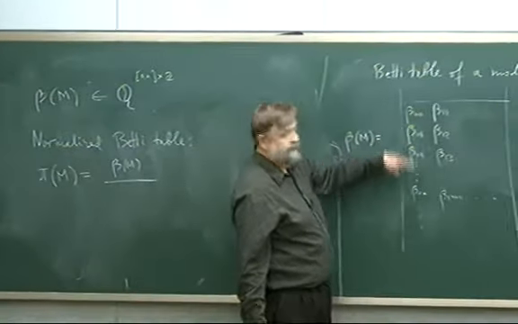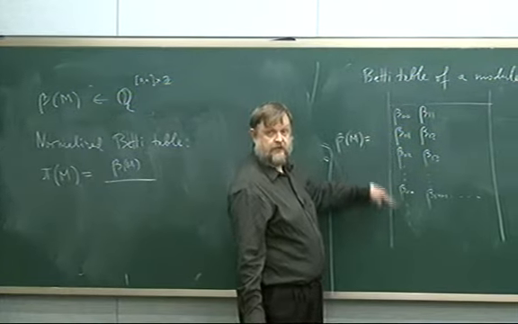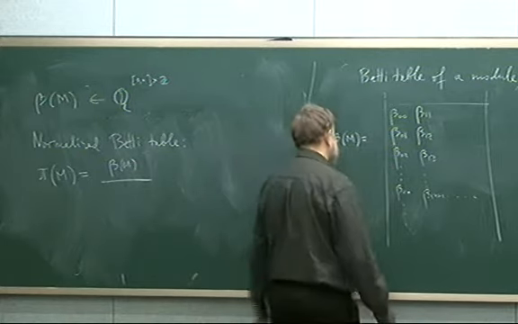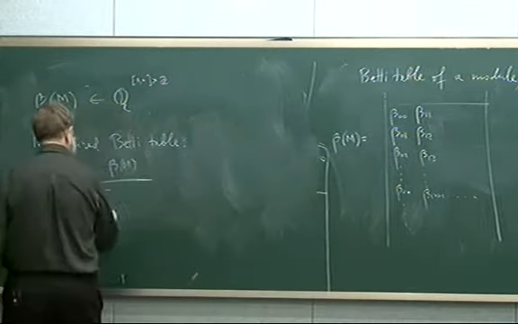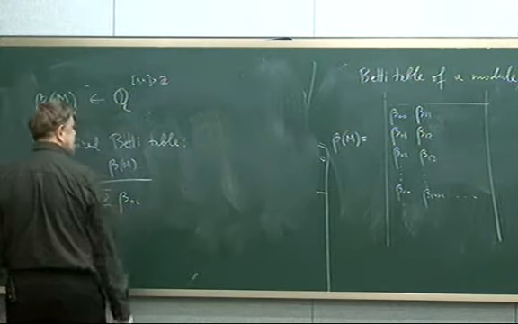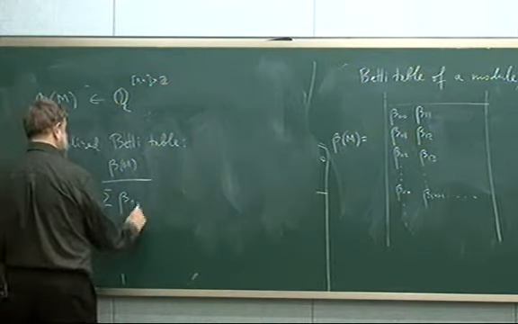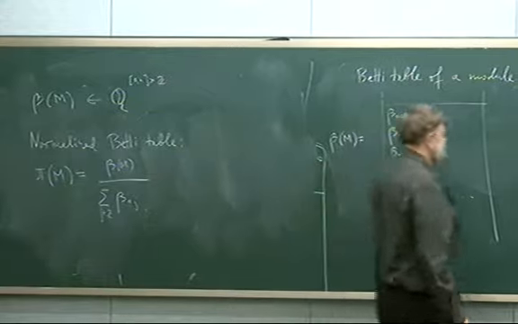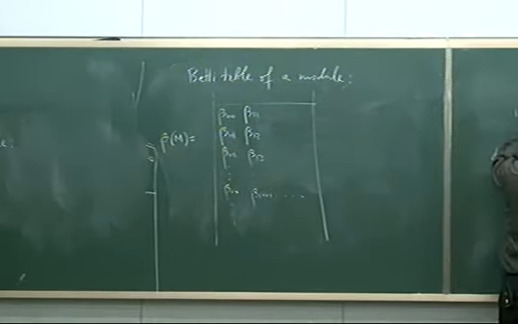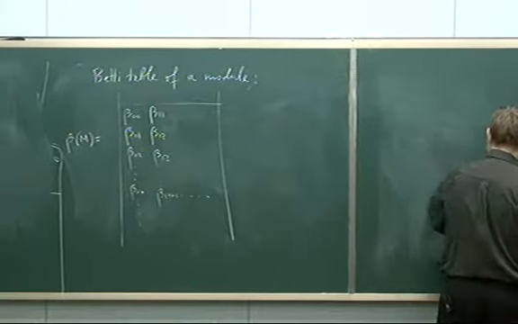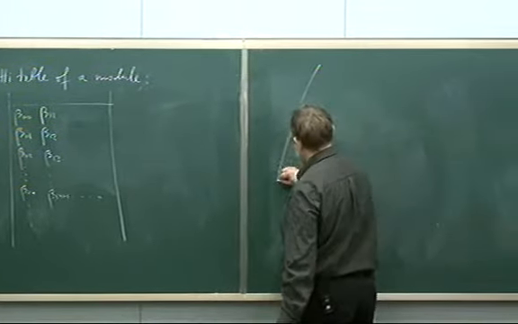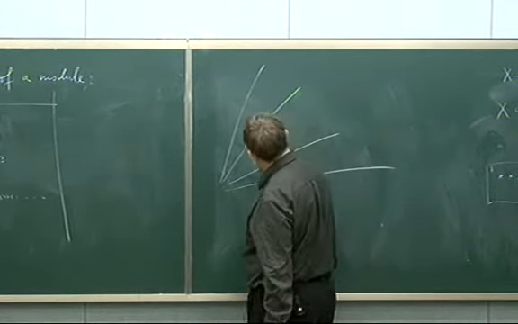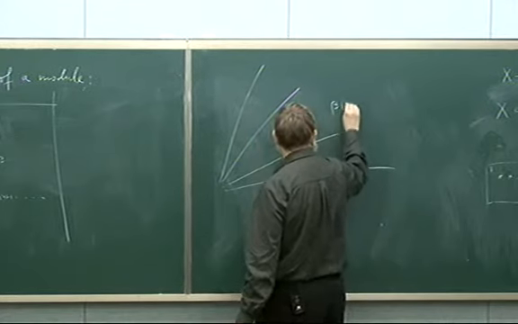When I have a non-zero module, obviously the number of generators has to be non-zero. So I divide by the number of generators, which will be beta 0j. Okay? And I consider just a set of those Betti tables. So basically, geometrically, what we might think of is that all Betti tables will lie in some kind of a cone. So this is the set of all beta of m.